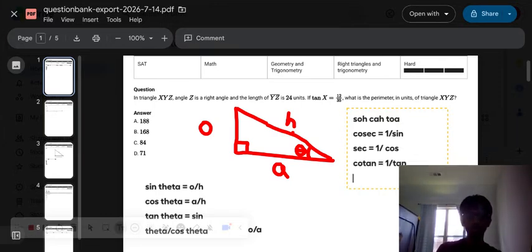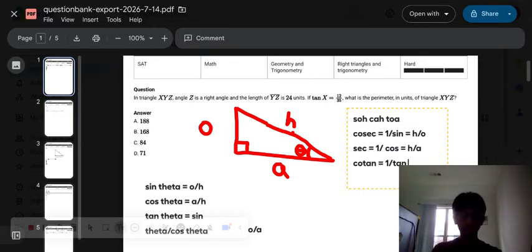Simplifying this a bit further, cosecant is equal to 1 over opposite over hypotenuse, so that will be equal to hypotenuse over opposite. Your secant is equal to 1 over cosine, and cosine is equal to adjacent over hypotenuse, so secant is equal to hypotenuse over adjacent.